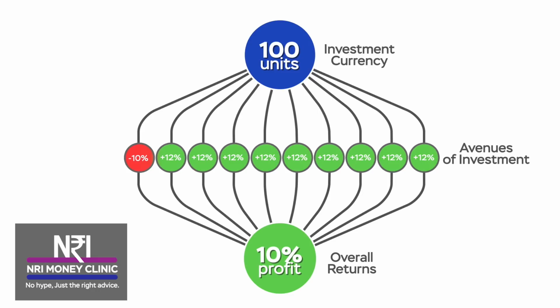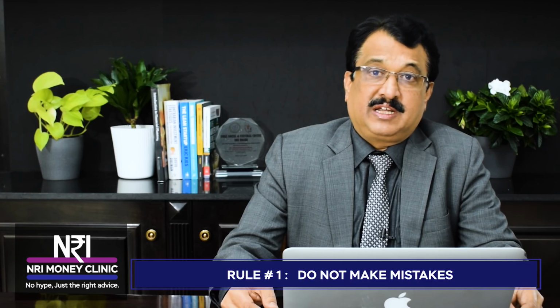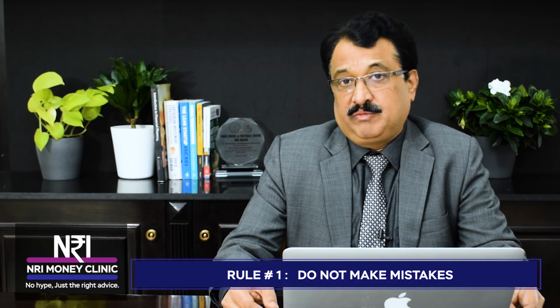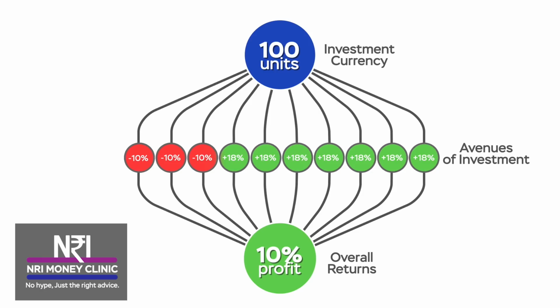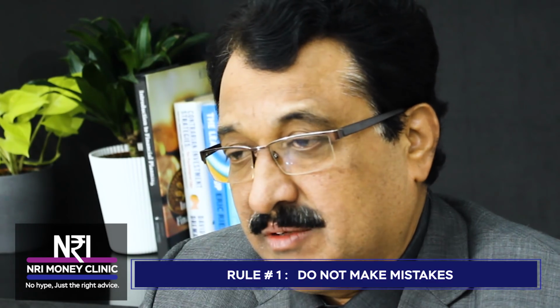Now look at it if 3 of the avenues that you have chosen, instead of generating 10% profits, made minus 10%. Now the successfully running remaining 7 investment avenues should generate 18% return still to maintain your portfolio at the 10% profit level.